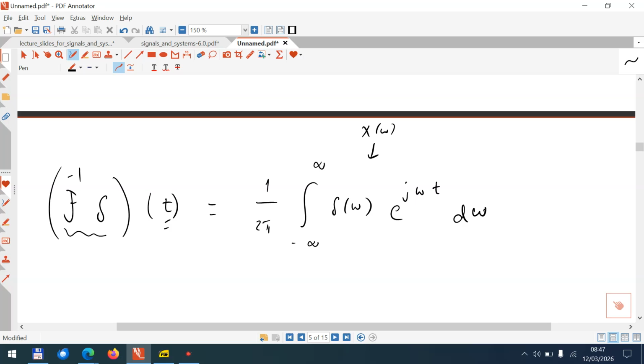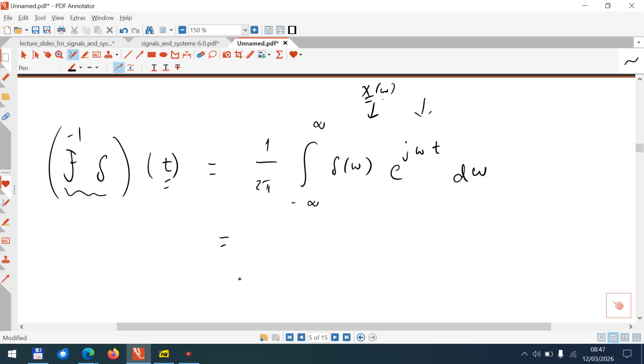Yeah, because we started with the transform. We are integrating the transform, and this is the complex conjugate, right? Now let's try to evaluate this integral by the same method which we just did a while ago. What will you get? 1 over 2 pi. Same method, yeah.